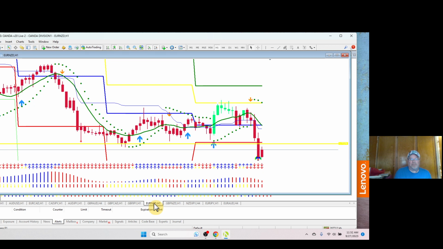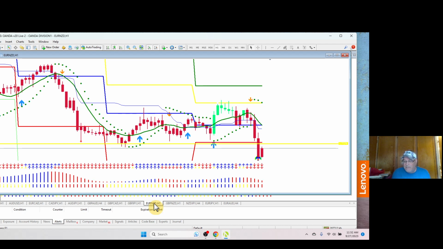I think OANDA is $250 minimum to open an account, so you can do small size and be able to trade on that. I'll try to help you the best I can, but I can't tell you what to trade, when to trade, and all that. That's up to each individual trader who's different. Everybody thinks differently. So again, that's what makes the world go around.